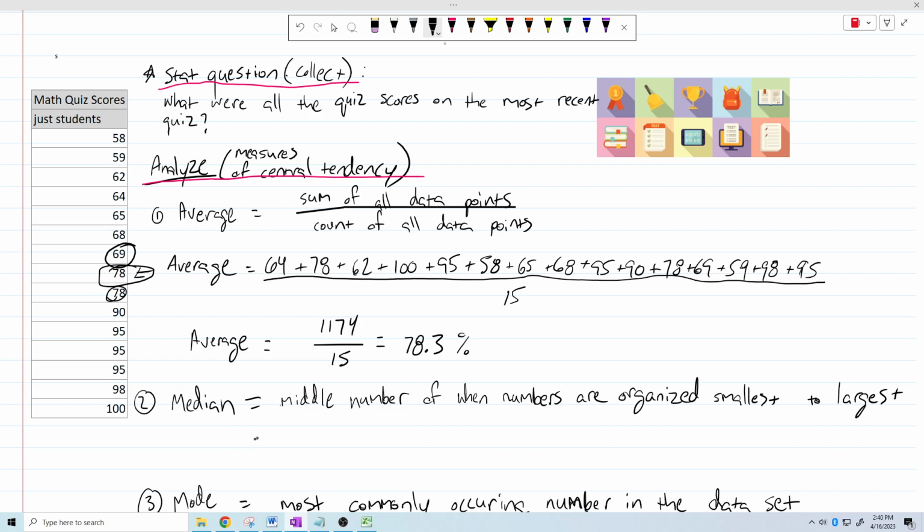Our median is 78. Now, if you wanted to calculate it, you can calculate the number position of where your median will be at. It's only going to give you the number position, but I can do 15 divided by 2, because I want to find the middle half of it.